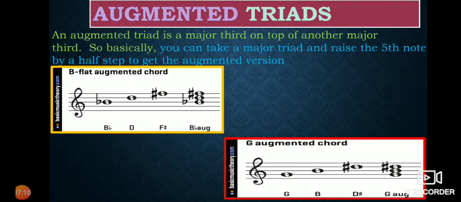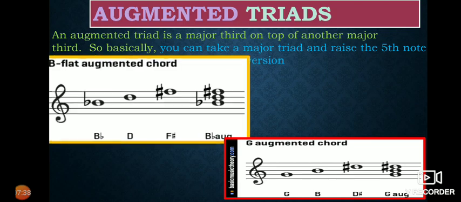As I told you, an augmented triad is a major third on top of another major third. So basically, you can take a major triad and raise the fifth note by a half step to get the augmented version. You use a sharp sign to raise the fifth note.